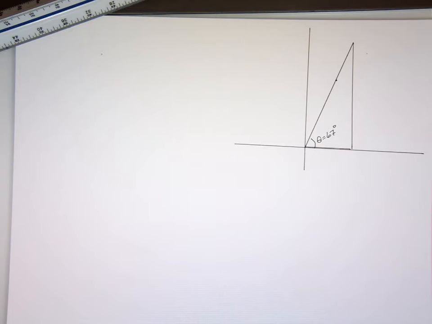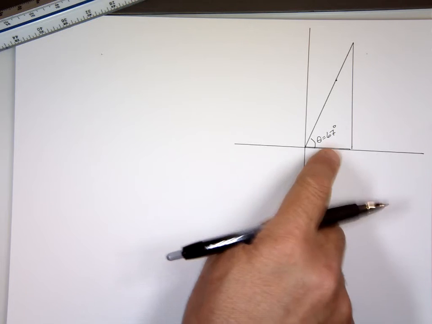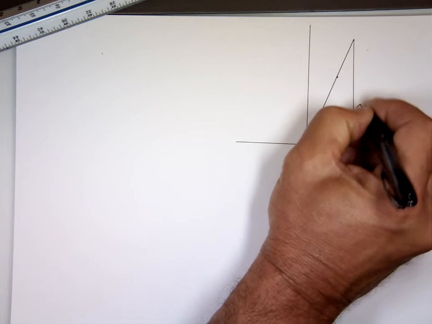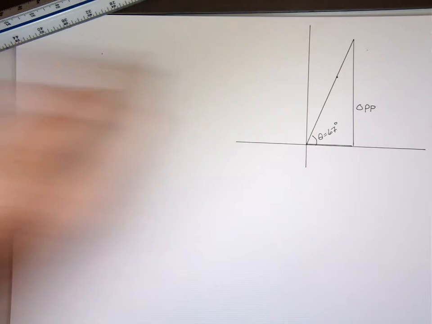We have three sides here. We have two sides touching the angle, one is not touching the angle. The one that's not touching the angle has a name. It's called what? The opposite. I use OPP for opposite.